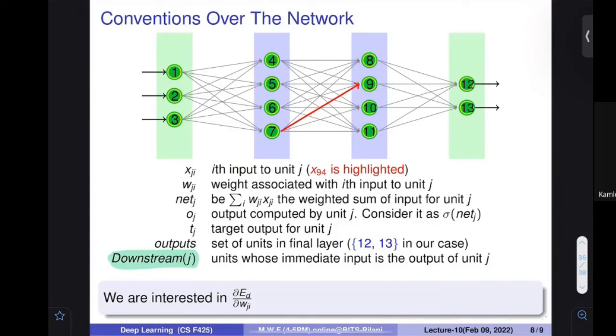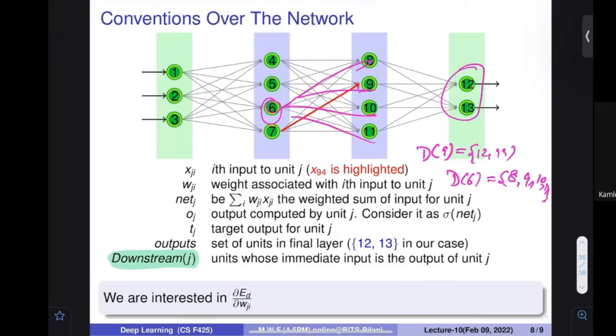Downstream of 9 is the set of units which are getting the output of 9. Who is taking the output of 9? They are 12 and 13. If I ask what is the downstream of 6, they are 8, 9, 10 and 11. Am I right? On 6, units 8, 9, 10 and 11 are taking the output.